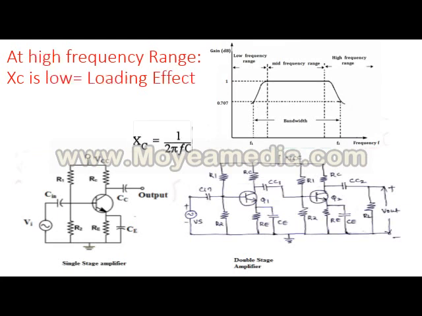At high frequency range, I already said that the gain also decreases. See the diagram. From this equation we can say that when frequency is high, the reactance is low, Xc is low. Okay, so we can say that the capacitive reactance offered by these coupling capacitors is very low.